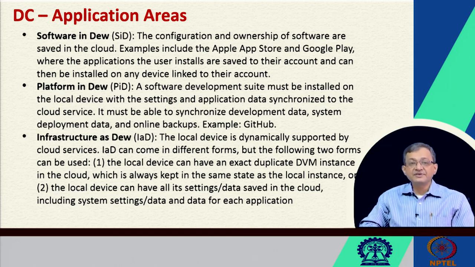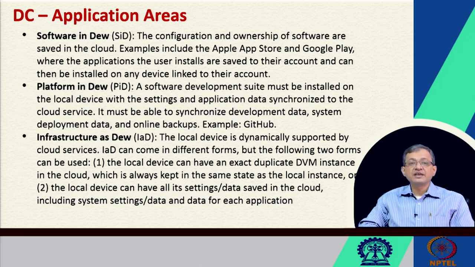And finally, infrastructure as DIU, or IAD, where local devices are dynamically supported by the cloud services, right. IAD can come in different forms, but there are some popular ones.